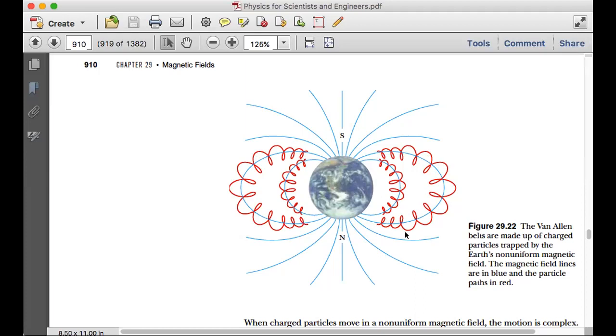It's a very weak magnetic field. This magnetic field in the sky forms the so-called Van Allen belts. This non-uniform magnetic field traps the charged particles in the atmosphere.